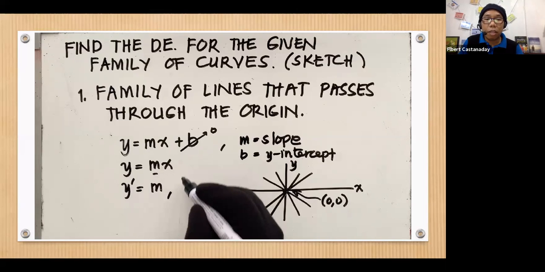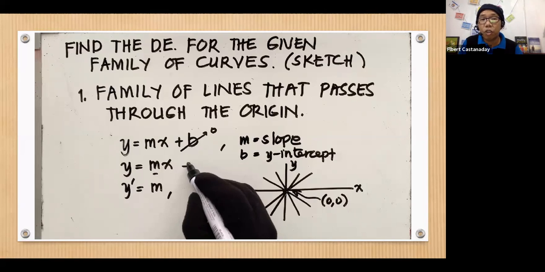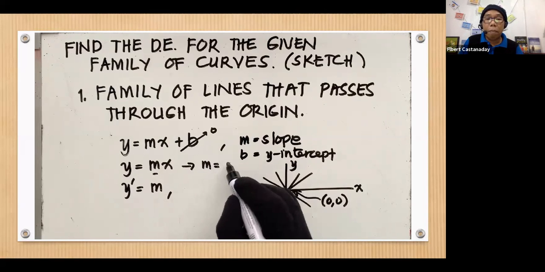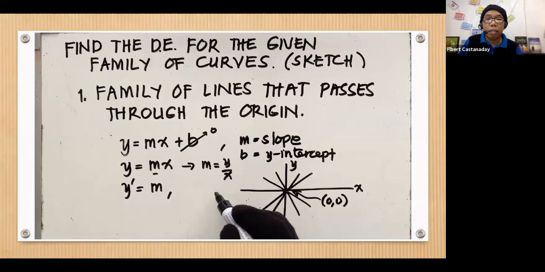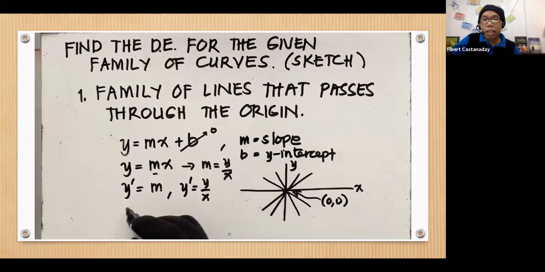Pero you need to eliminate the arbitrary constants. As you notice, pwede mong gamitin yung first equation mo na y equal to mx para ma-solve mo yung m. M is equal to y over x. Okay, so you plug in the value of m equal to y over x dun sa ating final equation. So y prime is equal to y over x. So yun na yung final answer mo, or pwede mong i-arrange into a differential form.